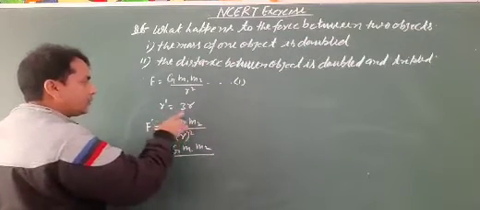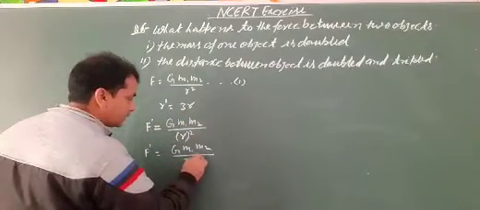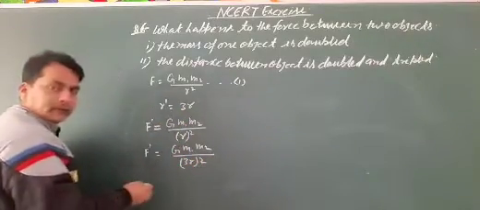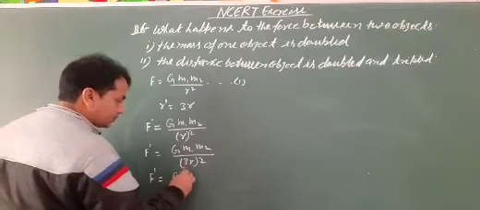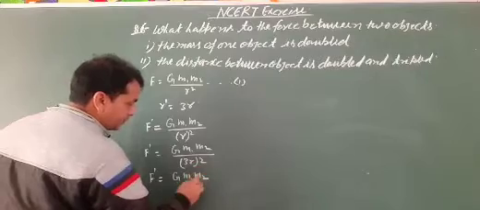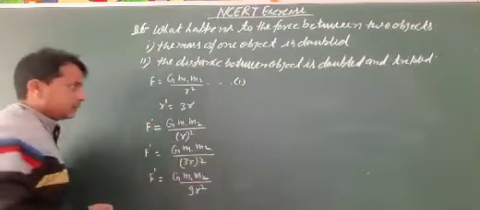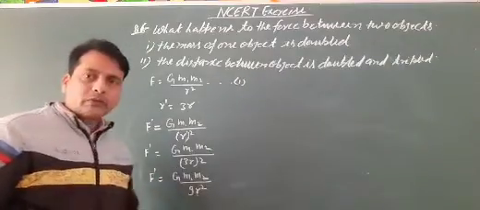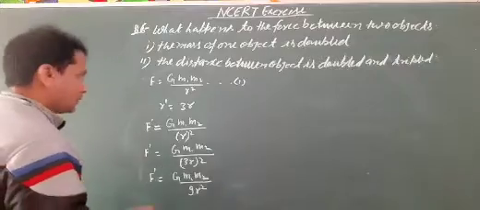So put the value of r dash equal to 3r here, then (3r) square. Then F dash equals G m1 m2 by 9r square. So the new gravitational force is G m1 m2 by 9r square.